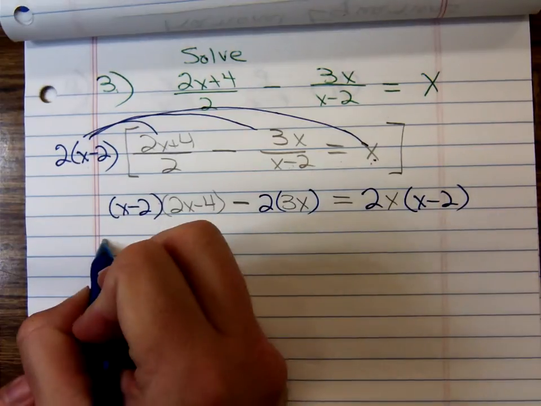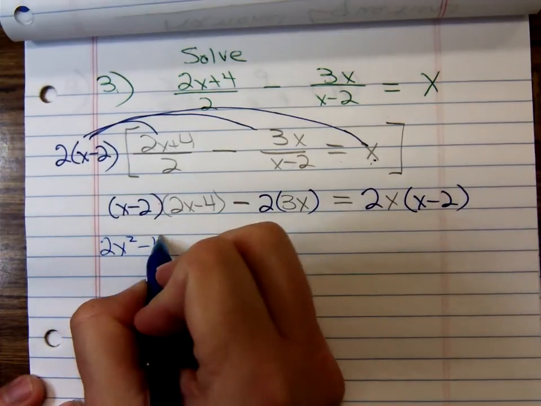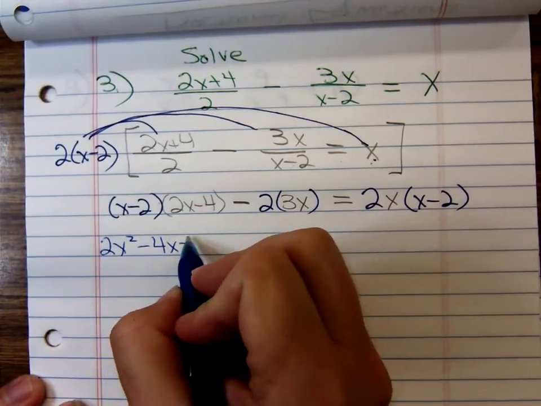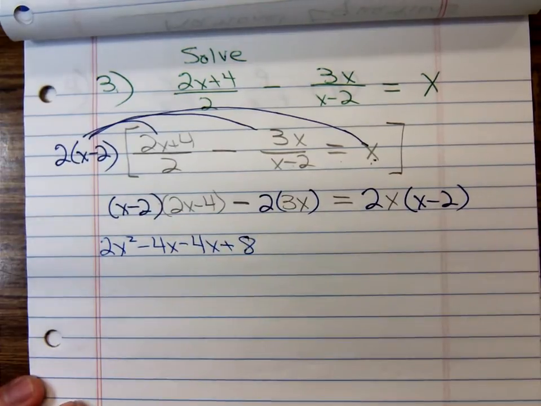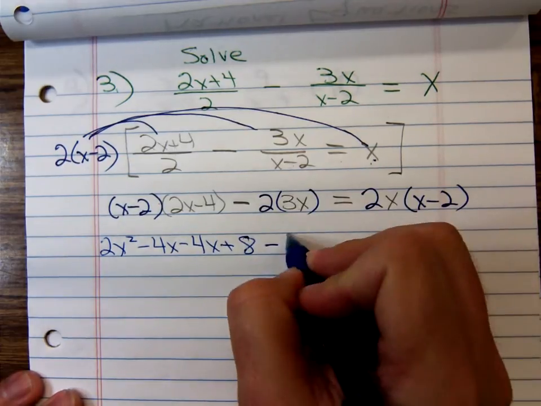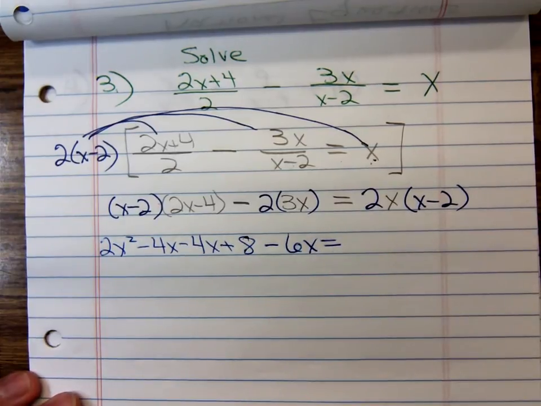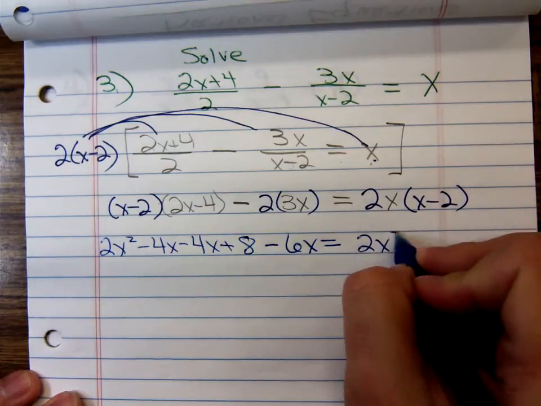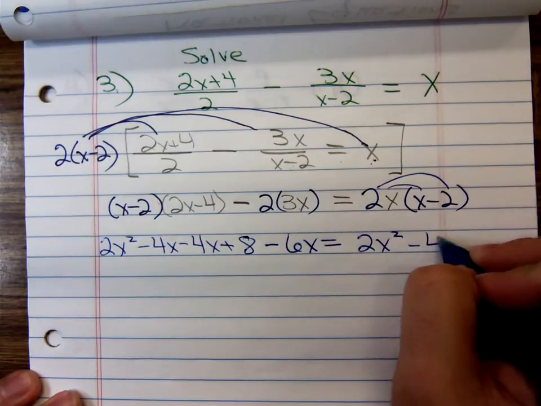We get a 2x squared first, outer, inner, last, negative 2 times 3x, that gives us a minus 6x equals, and on the right hand side we have a 2x squared, what else? And a minus 4x. Don't forget to distribute there.